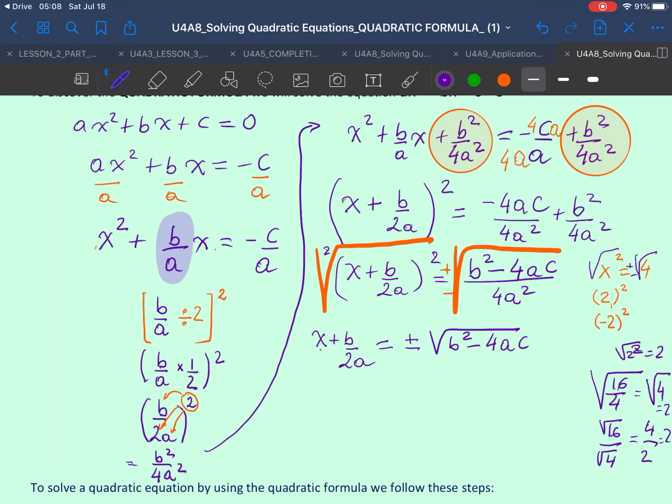And that will be over the square root of 4a squared, or should I say the square root of 2a squared? It's the same thing, right? So I'm getting somewhere in there, obviously.